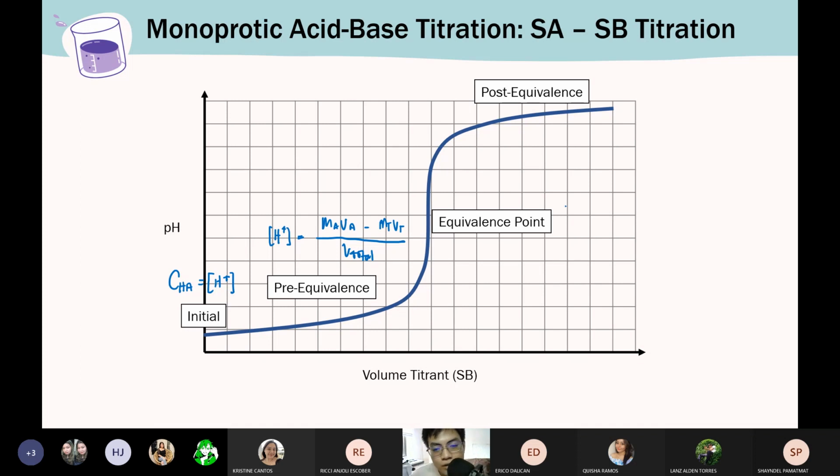At equivalence point, walang calculation, pH equals 7 na yan. Okay? For SASB. At post-equivalence naman, you have excess titrant. So, kunin mo yung concentration ng excess na titrant. Okay? So, that will be MTVT minus MAVA over V total.